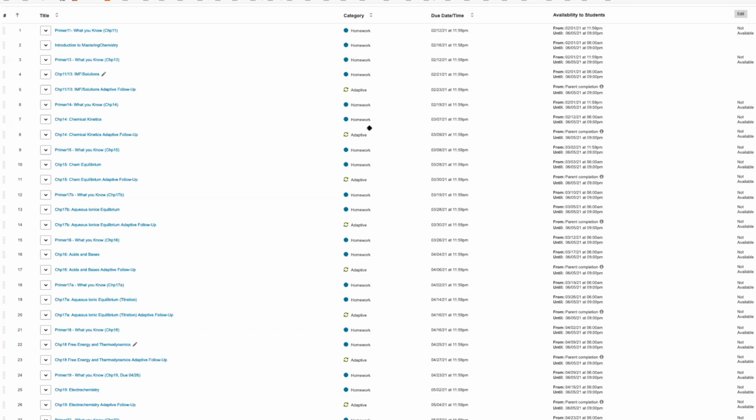Then the adaptive kicks in after the due date, and it's due 2 days after that. You can work on it earlier. So these will comprise the points that you get for chapter 14. If you get more than 10, you only get 10. But this is where you will find it in My Lab and Mastering.